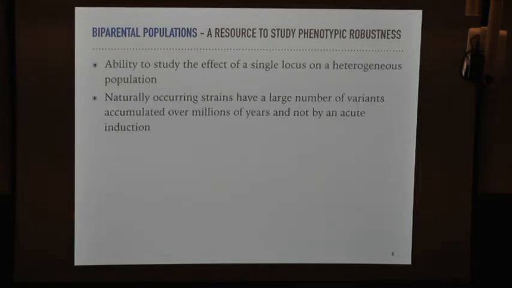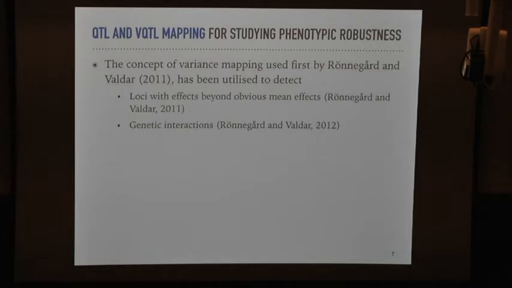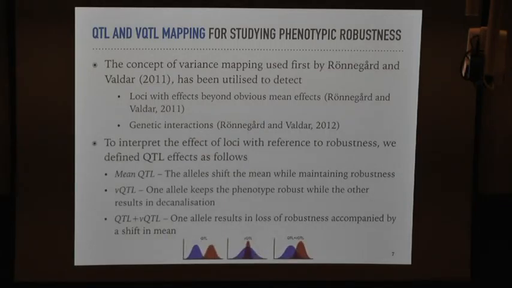So variance QTL mapping allows you to identify loci which affect not just the mean but also the variance, and gives a very strong indication of which genetic interactions are being regulated by these QTLs. We used this method to interpret robustness.